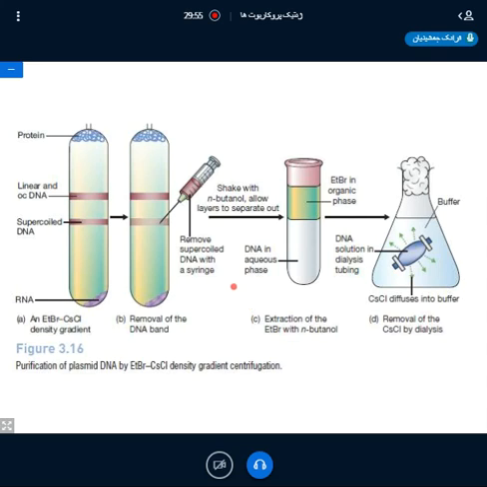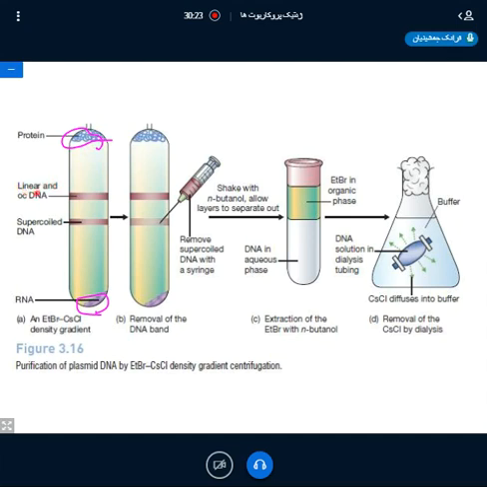Look at here. If we add ethidium bromide and go through the ethidium bromide cesium chloride density gradient, what will happen? RNA was here, I told you. Protein was here, I told you.